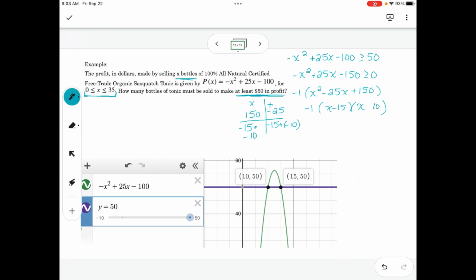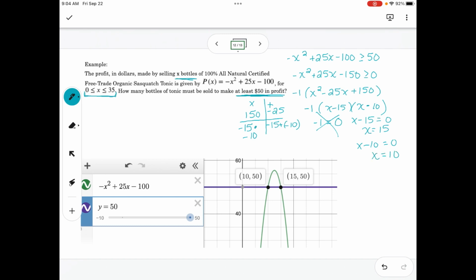Once it's factored, we set each factored piece equal to 0, and then we'll solve. Well, the -1 doesn't make sense, so we just ignore that. So x has to equal 15, and then x has to equal 10.